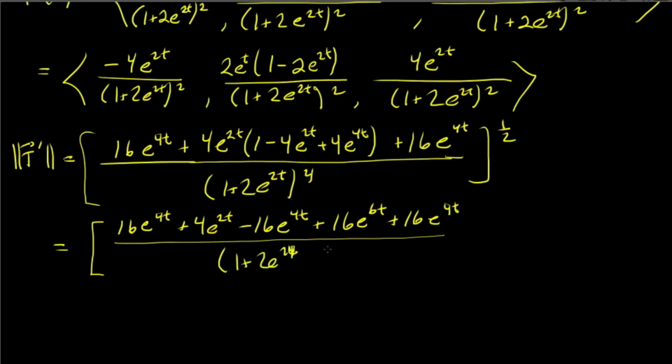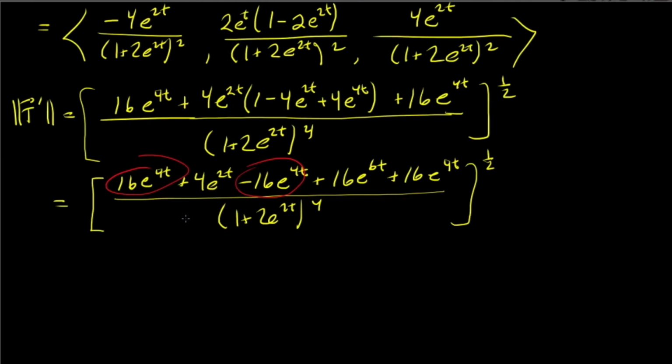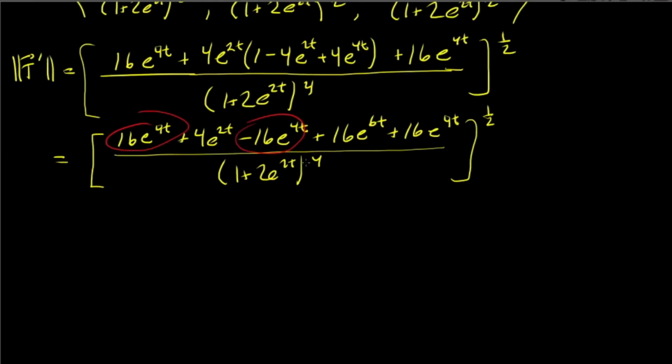Sorry, that looks like a 4 here. Well, this is looking a little bit better because 16 minus 16 is 0, and they're all different terms here. I guess we could factor out a 4e to the 2t, right?